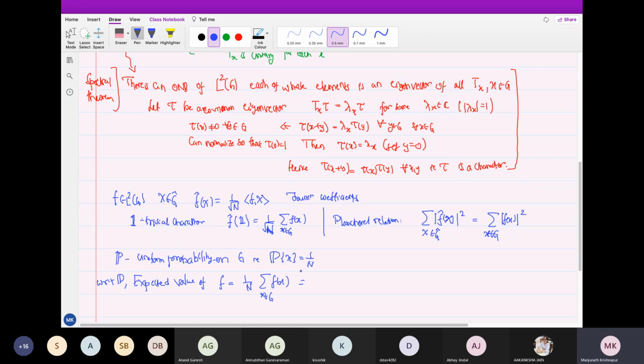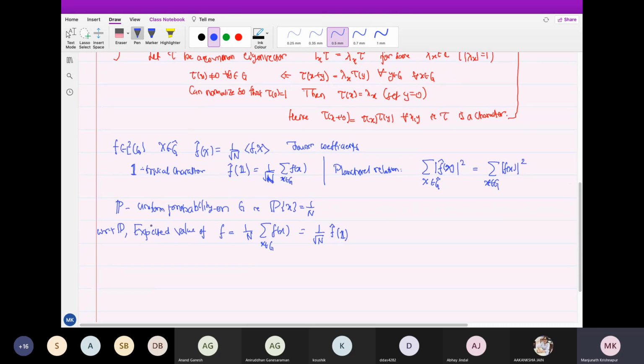In fact, this is 1 by square root n times f hat of 1. So f hat of 1 is related to the expected value of the function. Because I normalize by root n, it is not the expected value, but square root n times the expected value.